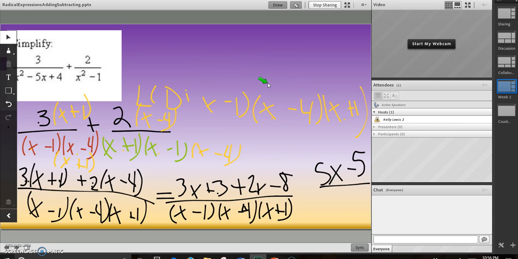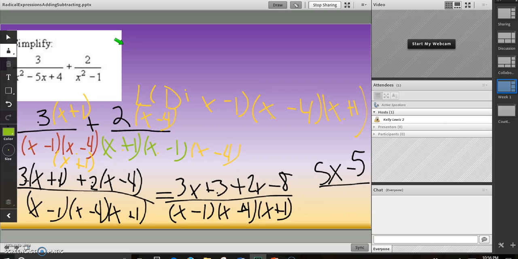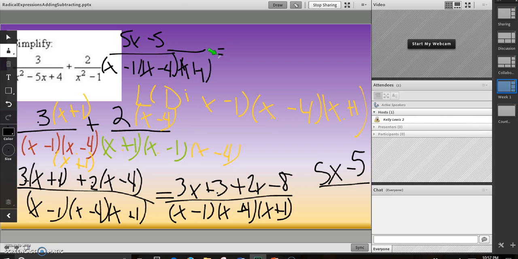Okay. So that's my top: 5x minus 5, and then my bottom was all that x minus 1, x minus 4, x plus 1. Okay, 5x and negative 5, you can take out a 5, so you have x minus 1, and then I still have all that bottom.